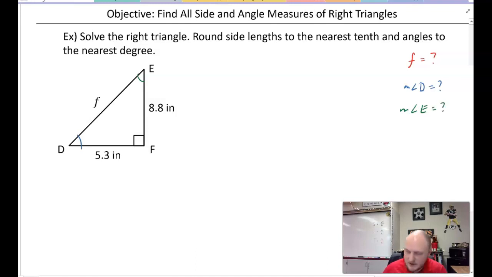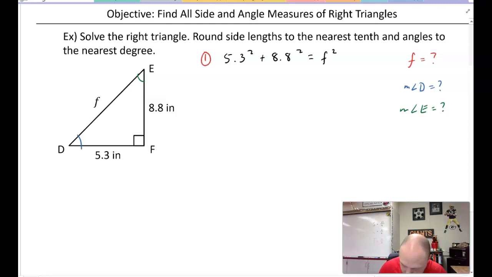So our approach here is going to be exactly the same. I'm going to go ahead and find the first side F using the Pythagorean theorem. So 5.3 squared plus 8.8 squared is going to equal F squared.